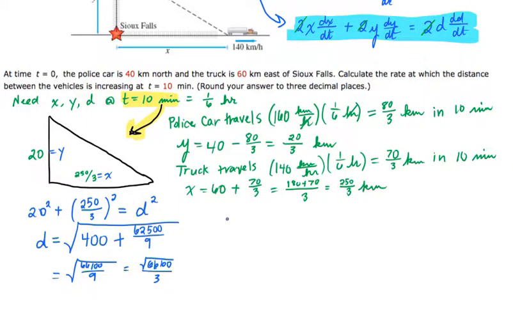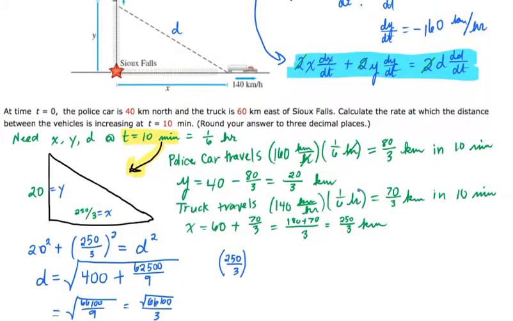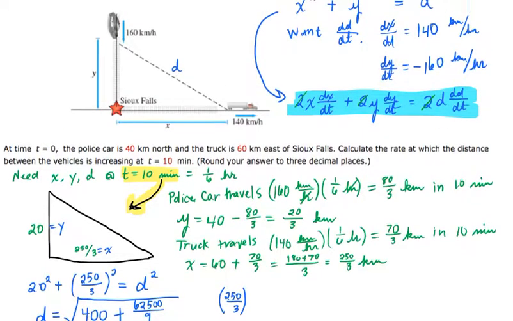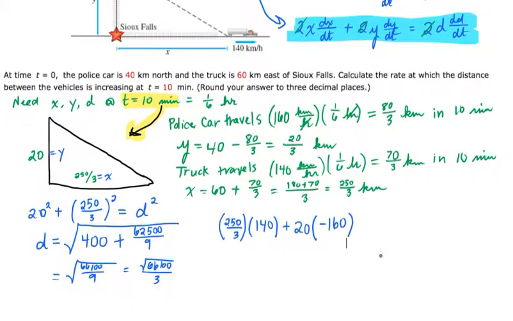So x is 250 over 3 times dx dt, which up here is positive 140, plus y is 20 times dy dt, which is negative 160, all divided by d, so all divided by this radical 66,100 over 3.